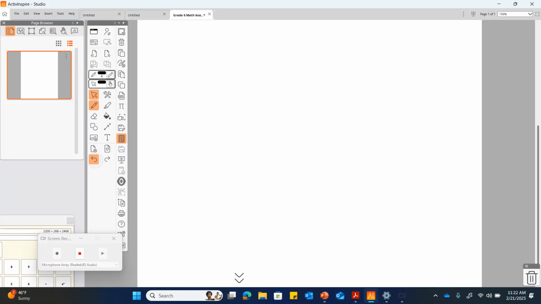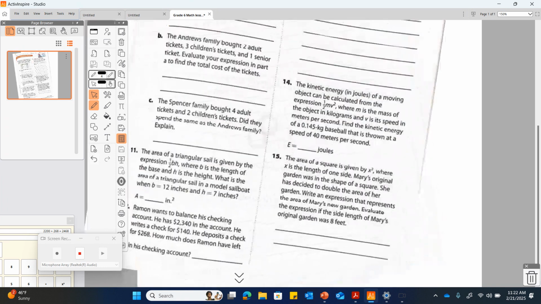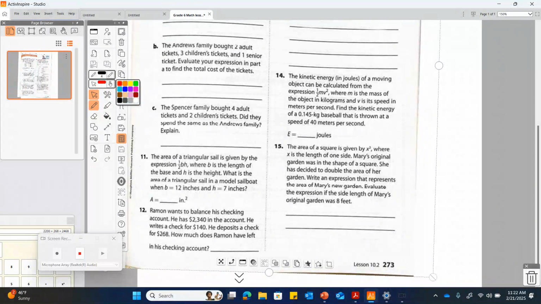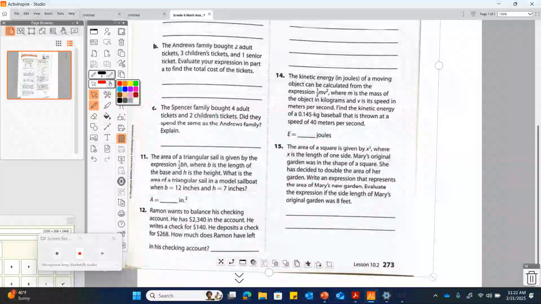Okay. The kinetic energy in joules of a moving object can be calculated from the expression. So this, hold on, sorry about this. No, I want this.